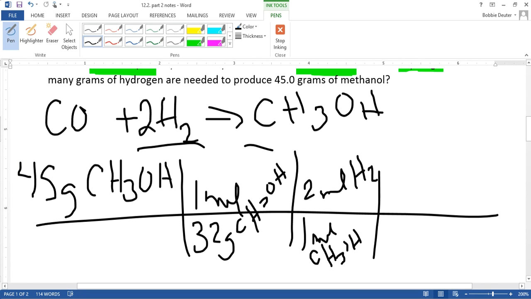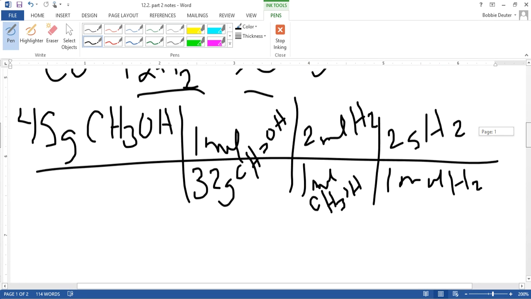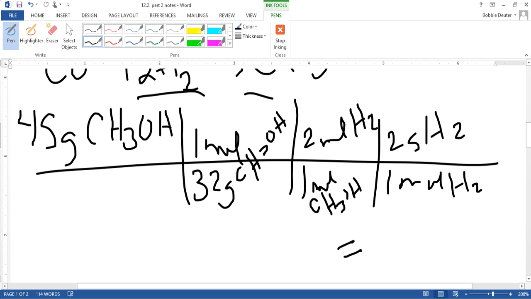Then we go to our mass, so that's by using our molar mass, so 1 mole of H2 over 2 grams H2. Go through, and we get 5.6 grams of H2.